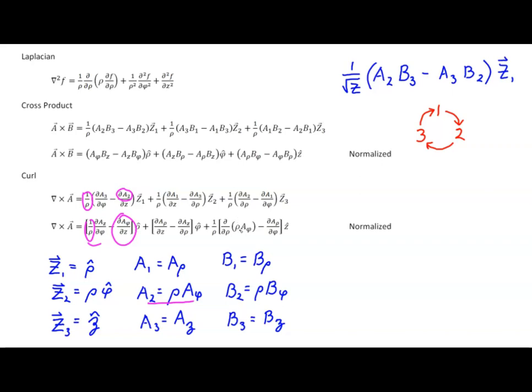Only do it if it's effectively a constant where the variable of differentiation is concerned. All right, if you do that carefully, these are the results you're going to get for cylindrical polar coordinates. All right, let's move on next to look at spherical polar coordinates.